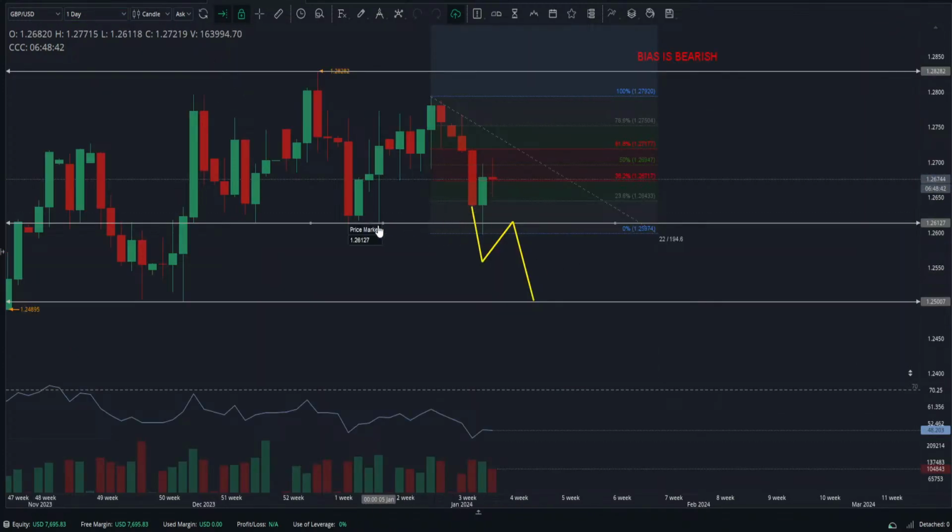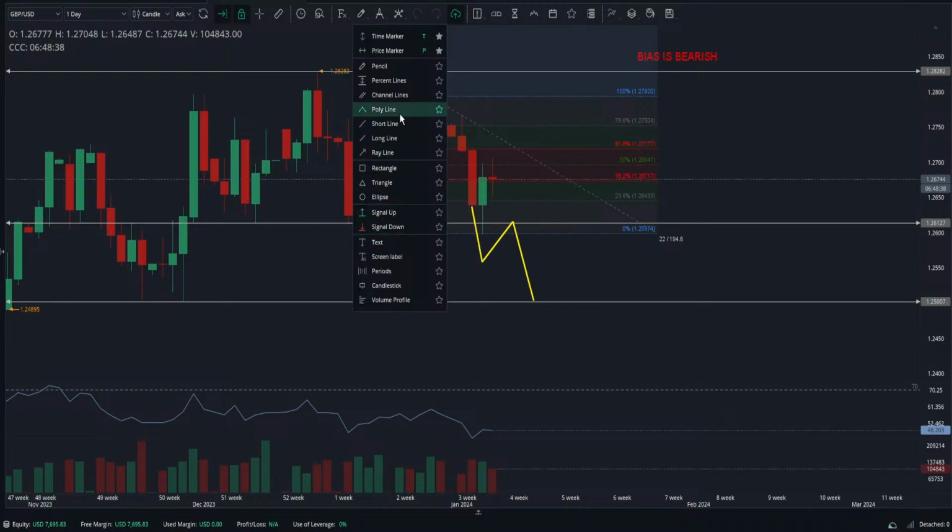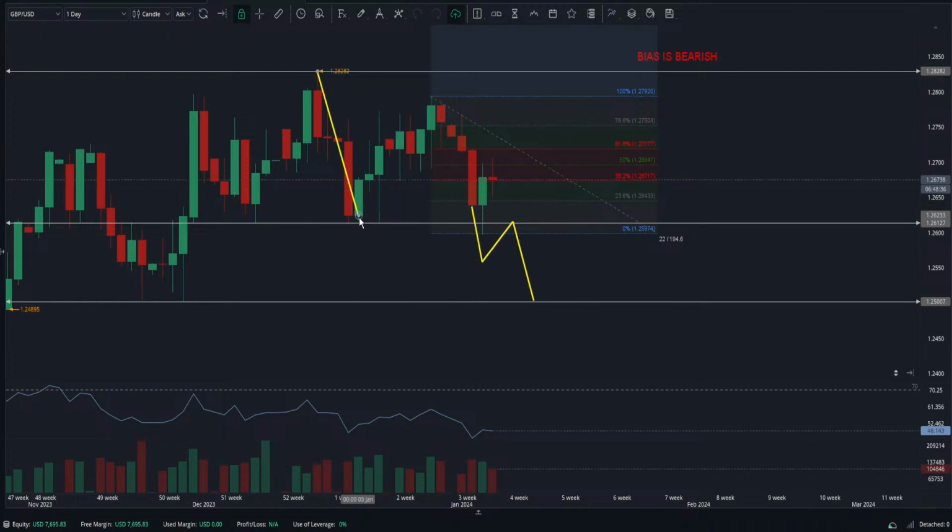Well, Great Britain pound also made a lower high and lower low. You can see here from this high, this was the lower low, then this low, and this was the lower high, and there is a lower low, but just then the price made this big green candle.